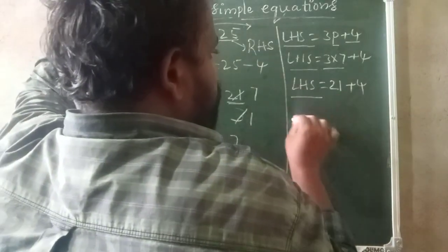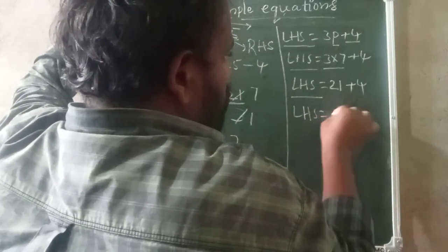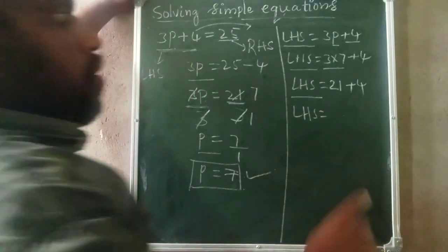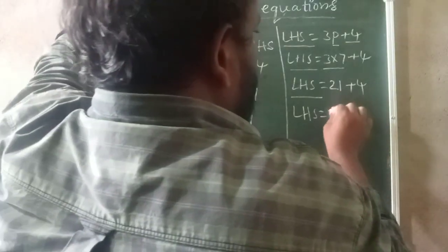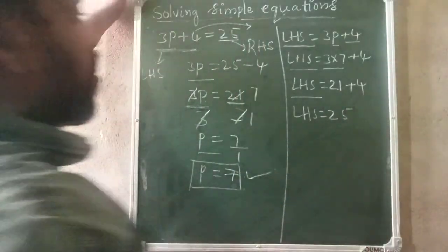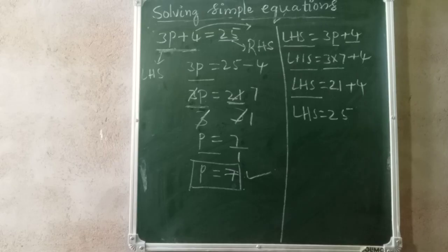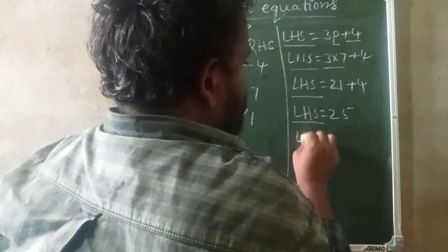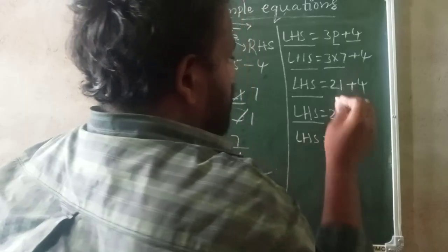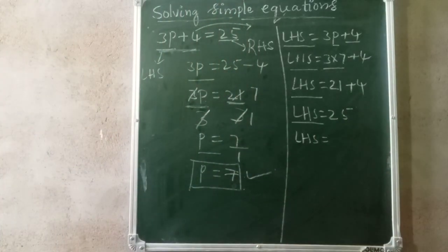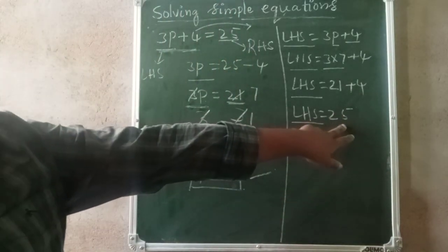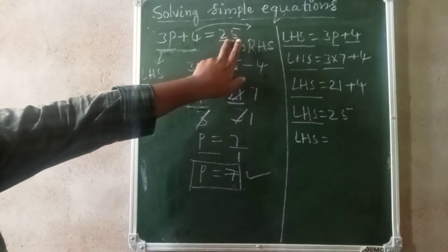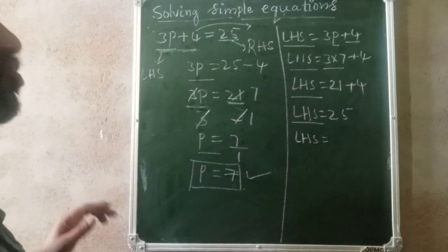Next step, LHS is equal to 21 + 4, which is 25. Now 25 is what? I already said 25 is the RHS.